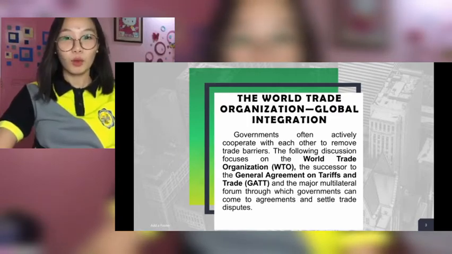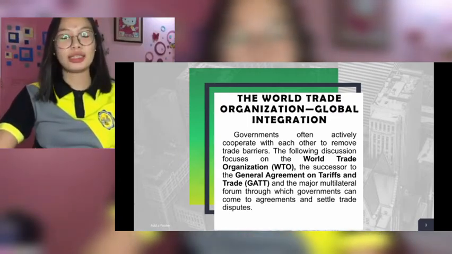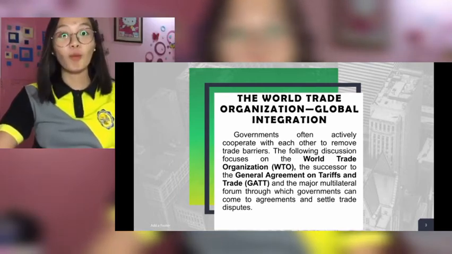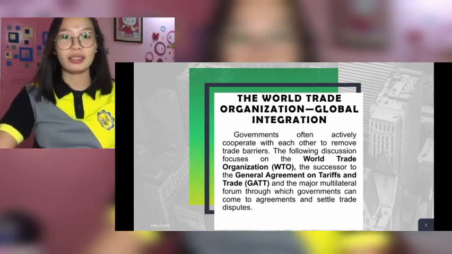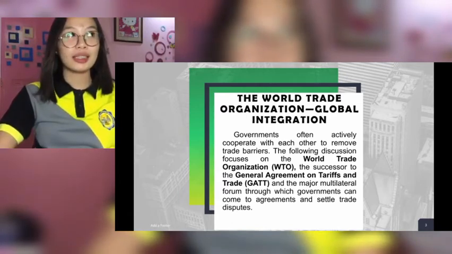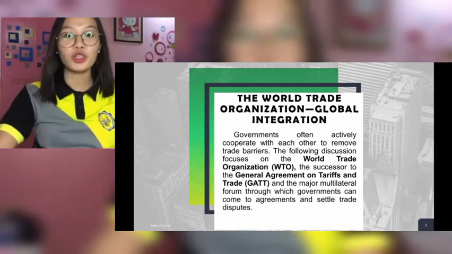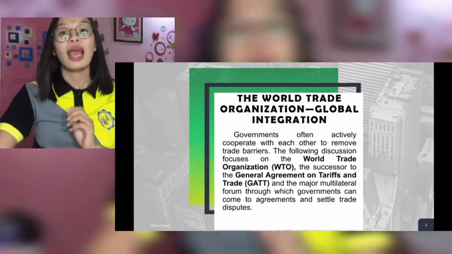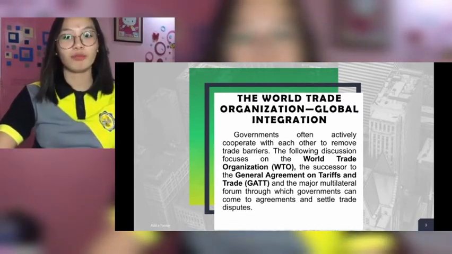The World Trade Organization is the only international organization dealing with the global rules of trade. Its main function is to ensure that trade flows as smoothly, predictably, and freely as possible.